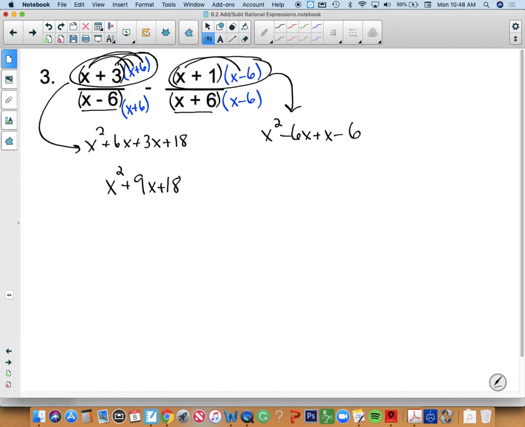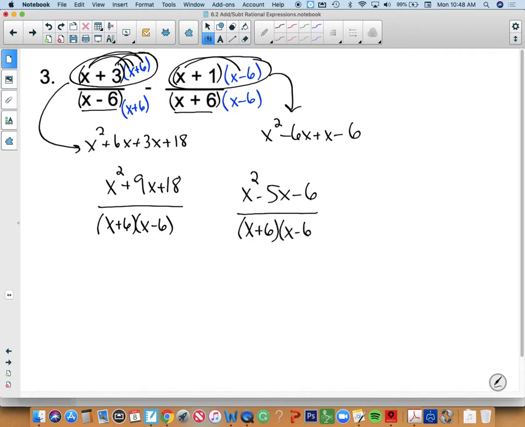Hopefully I shouldn't have to go as slow on those, because we've done a handful of them. So this one simplifies down to x squared minus 5x minus 6. So this is the numerator on the left. This is the numerator on the right. Our common denominator is x plus 6, x minus 6. And we don't have to worry about multiplying out the bottom, because that stays that way. And it may cancel out in the end.